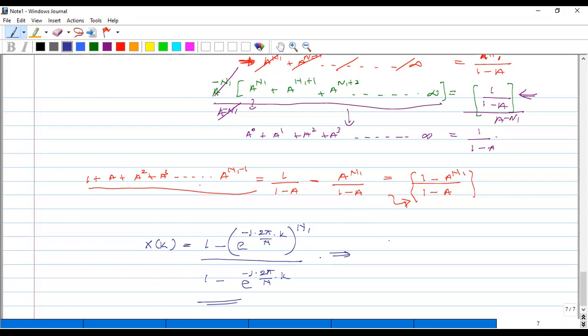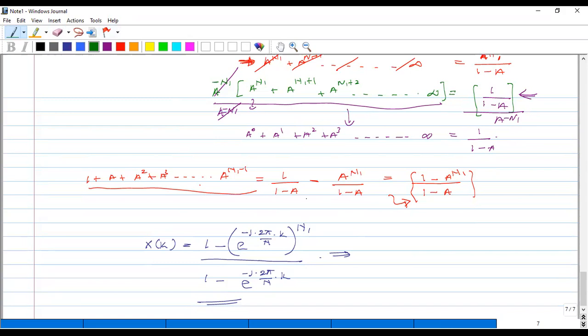If I use the Euler formula, you know the Euler formula. What is the Euler formula? So the Euler formula is this.